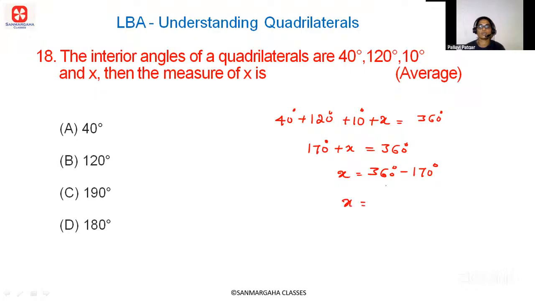So x is equal to 360 minus 170, which is 190 degree. Okay, so 190 degree. So the correct option is C. Okay, so the measure of angle x is 190 degree. Thank you.